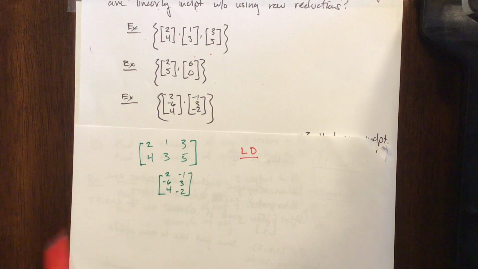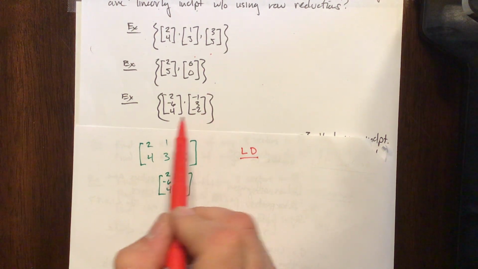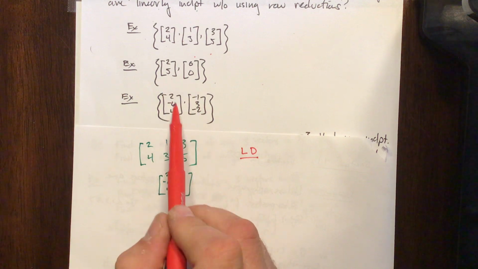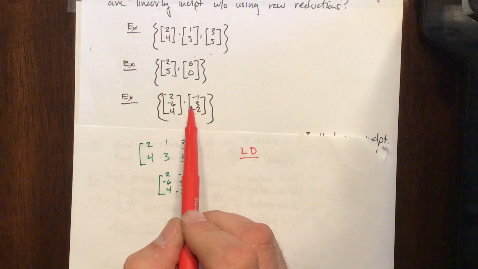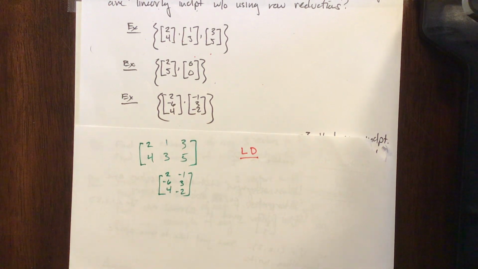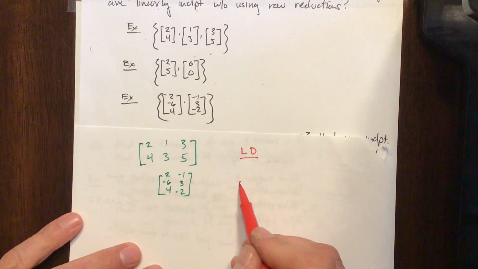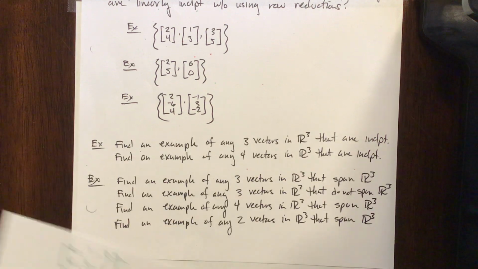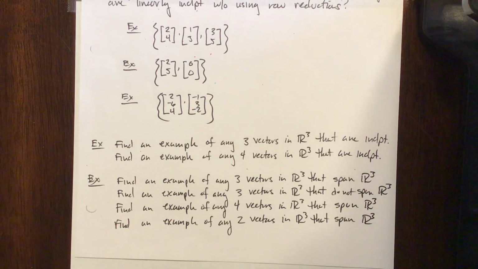But notice that there is a relationship between these 2 column vectors. Column 2 is -1/2 of column 1. And since there's a linear dependence between those 2 vectors, this is also linearly dependent. So just by looking at that, we can see whether or not the set of vectors is independent or dependent just by examination.